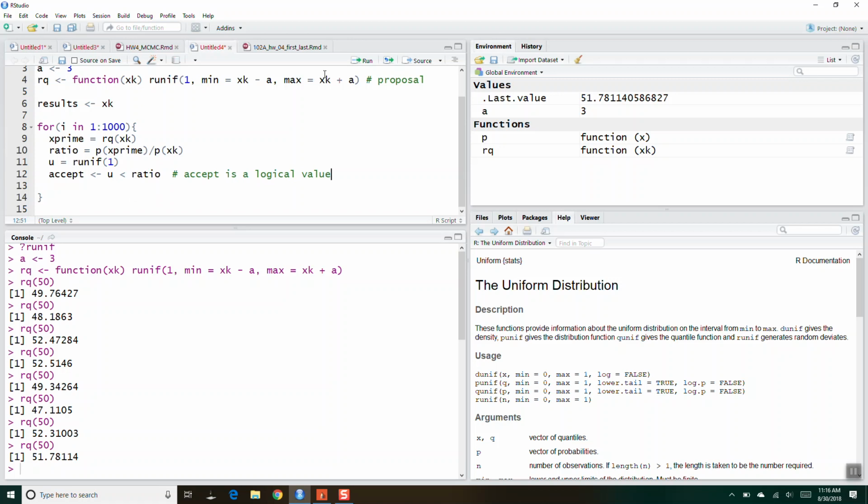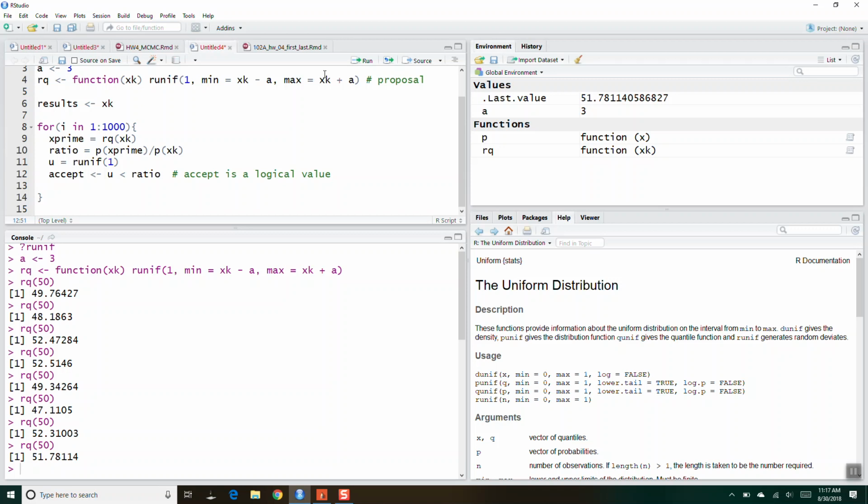It's going to be true or false. If u is less than the ratio, we will accept it. If u is greater than the ratio, we will reject it. Accept will be false, right? So if the ratio is 0.75, u will be less than 0.75 of the time, and it will be greater than that 0.25 of the time. So this works as a way to decide whether or not to accept it with the probability equal to our ratio.